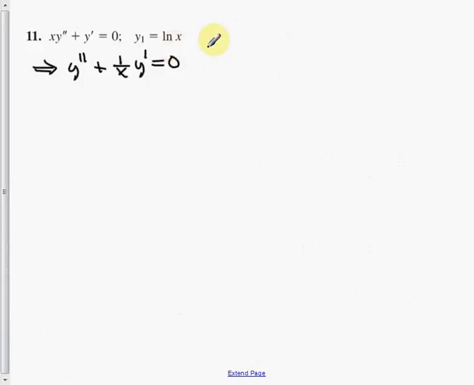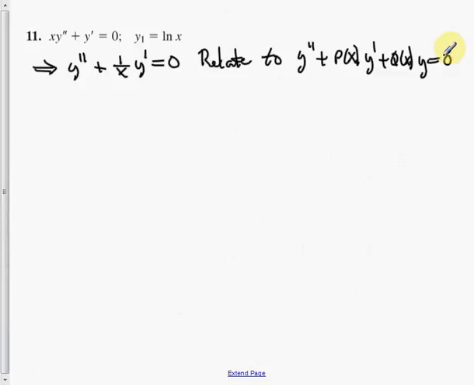I have to do that so that I can relate this problem to y double prime plus p of x times y prime plus q of x times y is equal to 0. If there's anything associated to that y double prime, I have to divide it through. So now I can identify p of x, because p of x is 1 over x. If I didn't do that, I'd think that p of x is equal to 1, and you would be totally wrong. Just one little thing like that can mess up the whole problem. Can you give me partial credit? No.